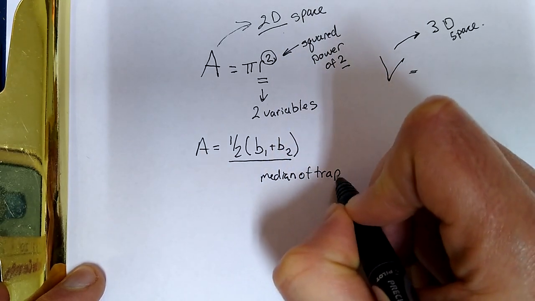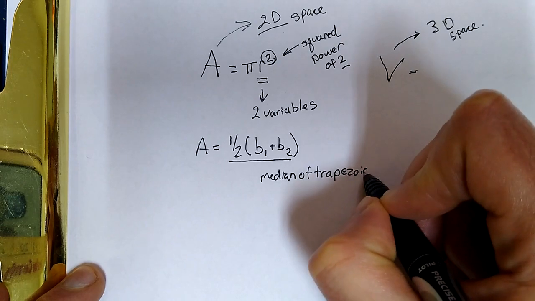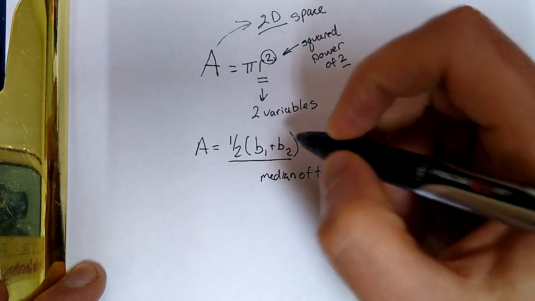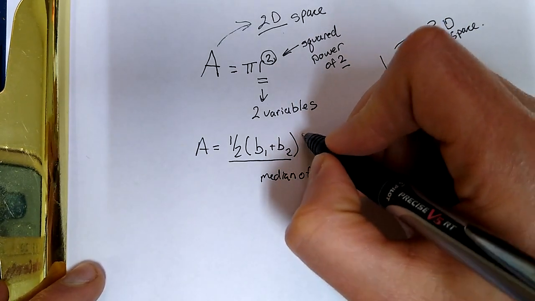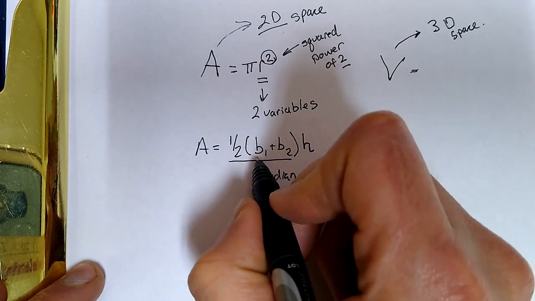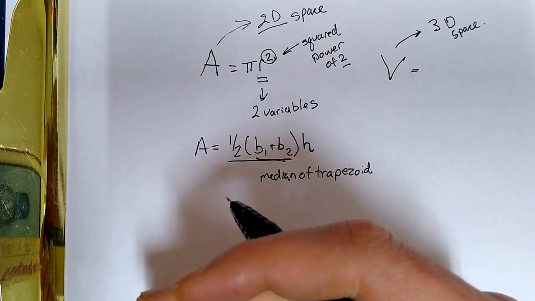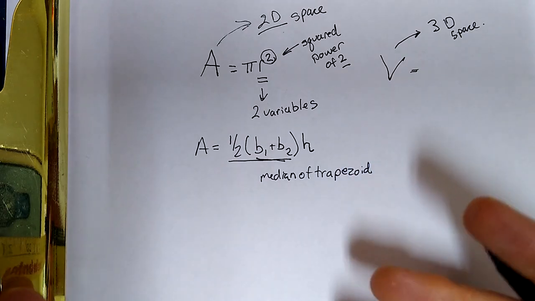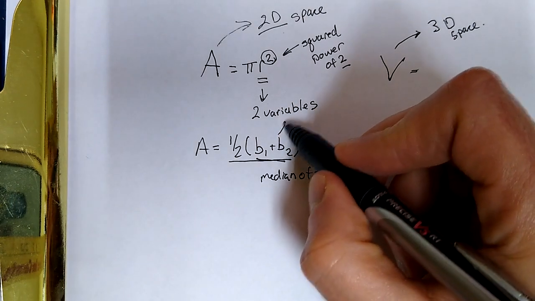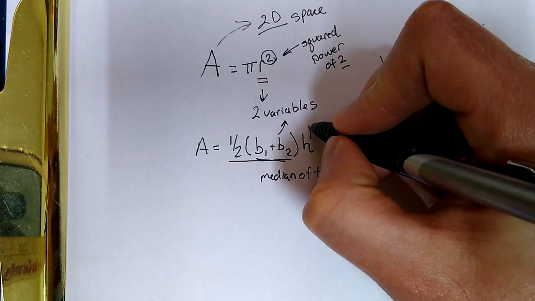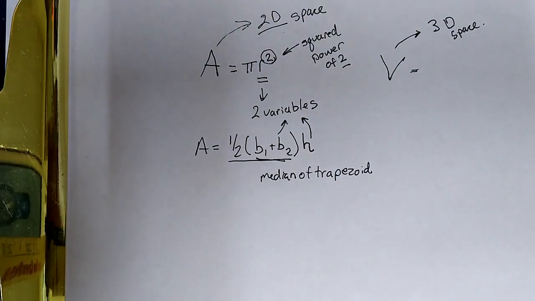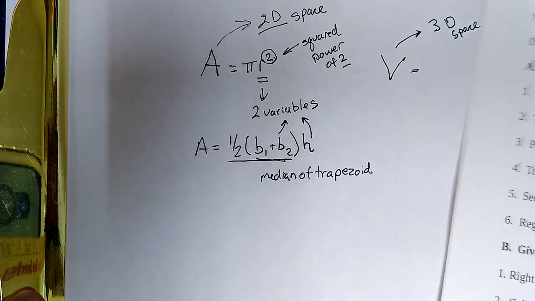So we actually end up using that in the area formula. Again, we'll explain maybe why this is later. Times the height. So you have the base lengths, you average those, and that gives you a single length. So that's one of your variables. And then your second variable is the height of the trapezoid. So again, you're going to get something times something else, area.